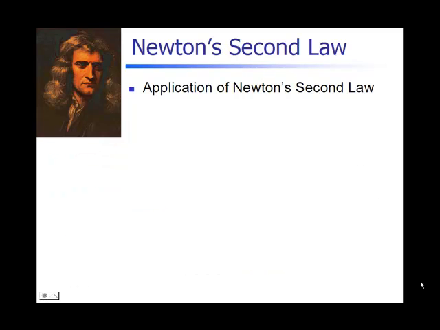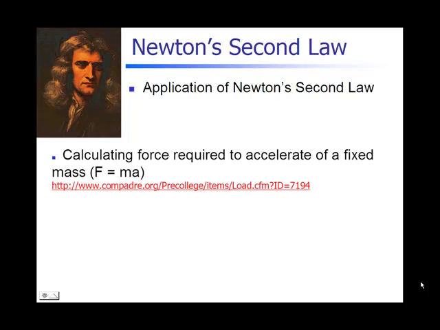Right. Now let's take a look at how we can use the second law to explain some motions. What can we do with Newton's second law? We can calculate, for example, how much force we need to accelerate a fixed mass from rest or from any existing velocity.